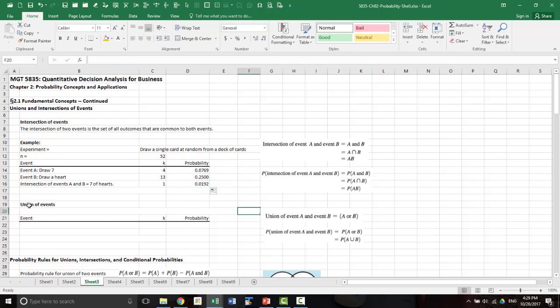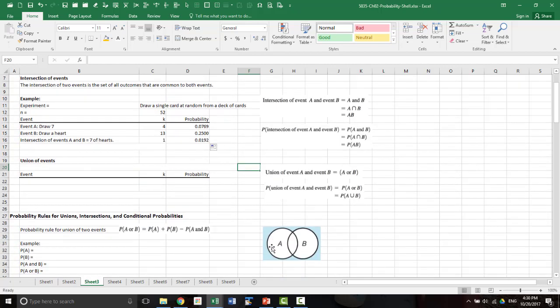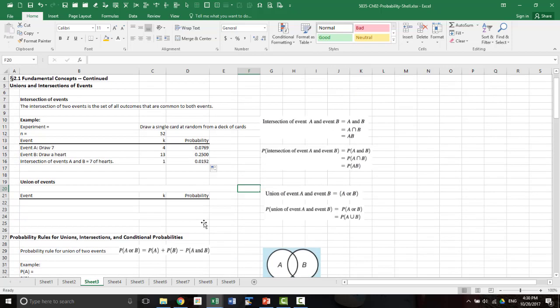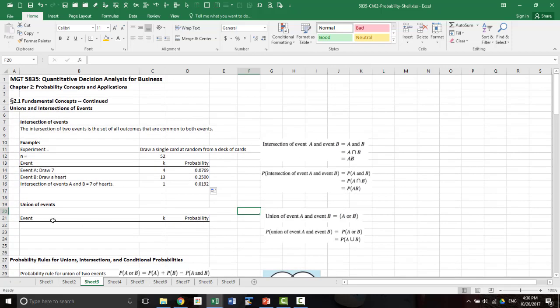Now what about union of events? That's the second concept. The union of events is a collection of all of the outcomes that are either in A or in B. When this is the intersection, the collective, the whole thing, that would be our union. Let's continue with the same example.